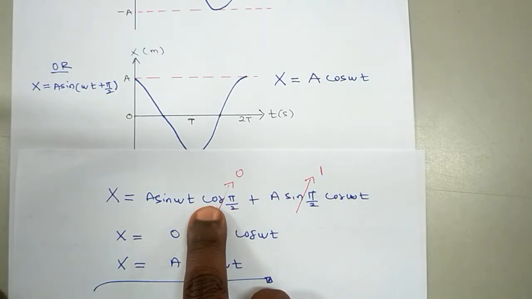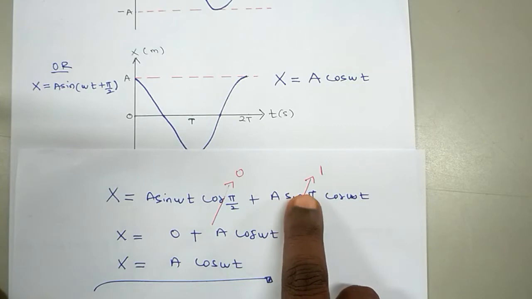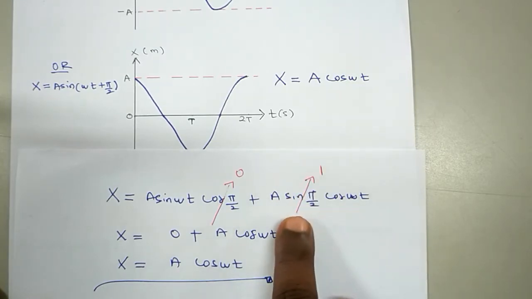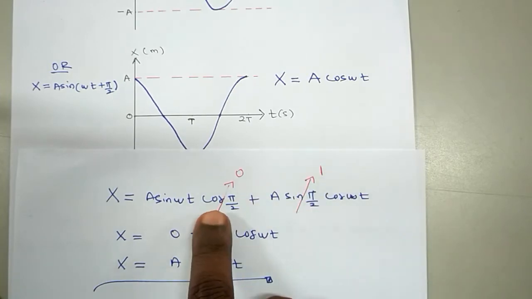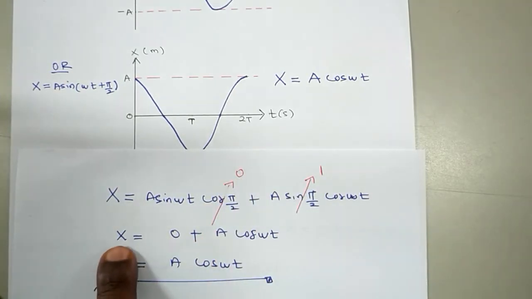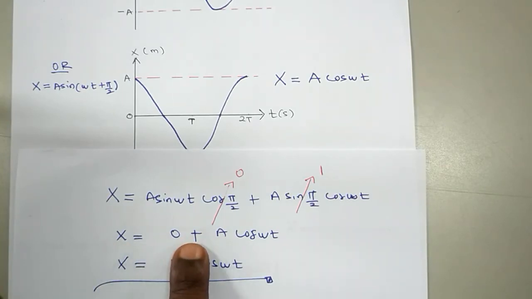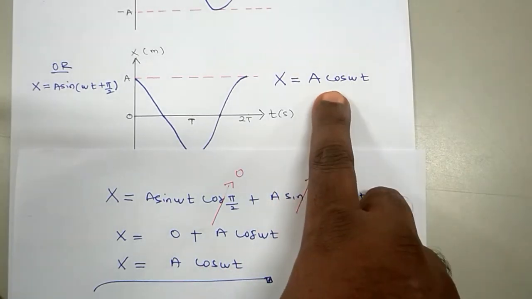So cos pi over 2 becomes 0, sin pi over 2 becomes 1. That is, sin 90 equals 1, cos 90 equals 0. So x equals 0 plus a cos omega t. So the answer is x equals a cos omega t, which is similar to this.